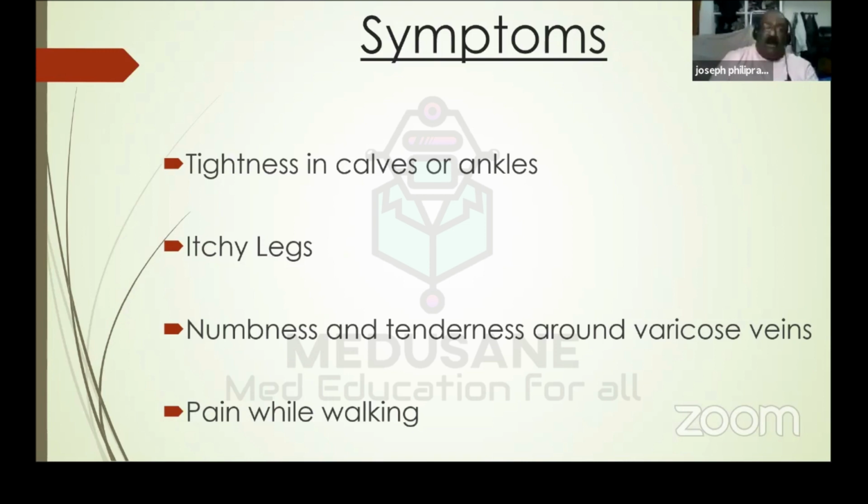And like I said, most of the time when the stasis is longer, the patient will have pain, but they will have more pain while walking and standing for long hours. So these are the symptoms which can manifest in patients with varicose veins.